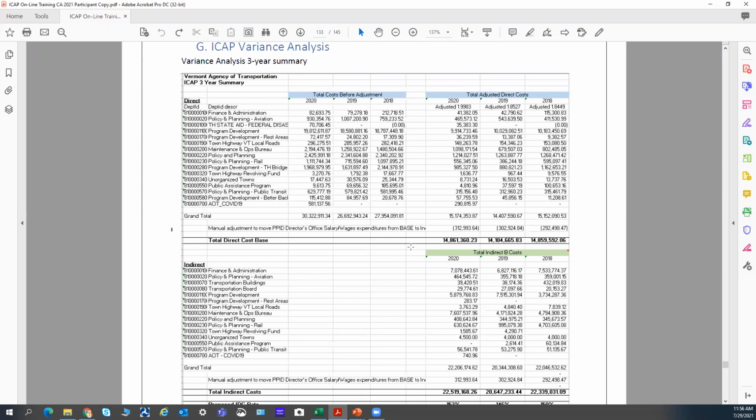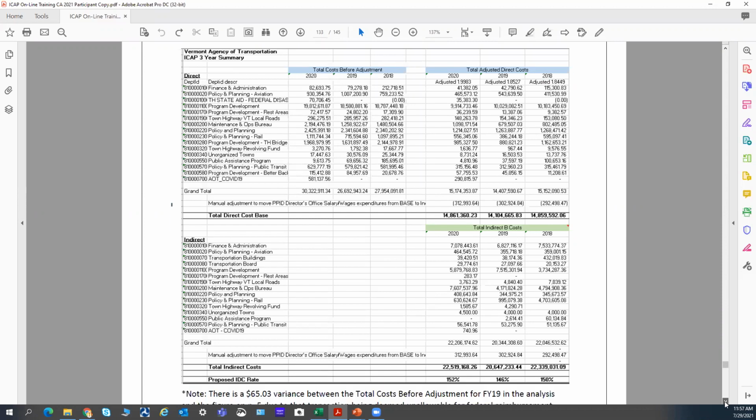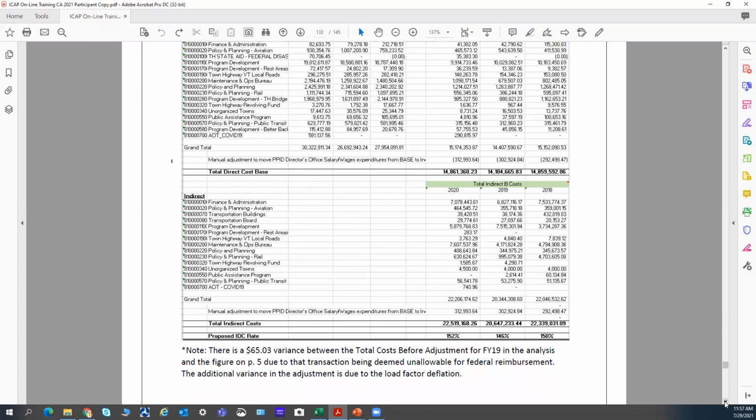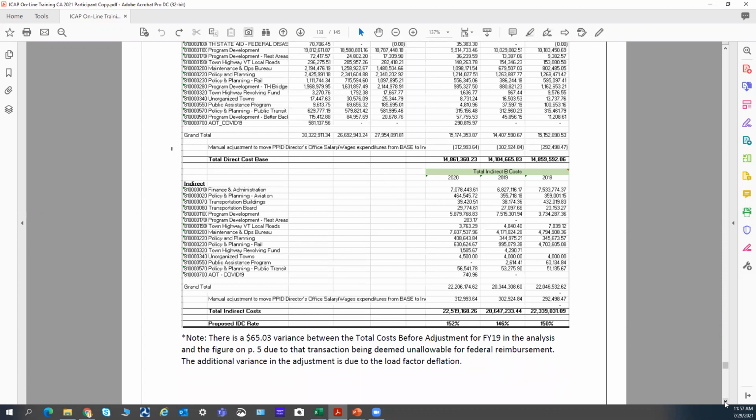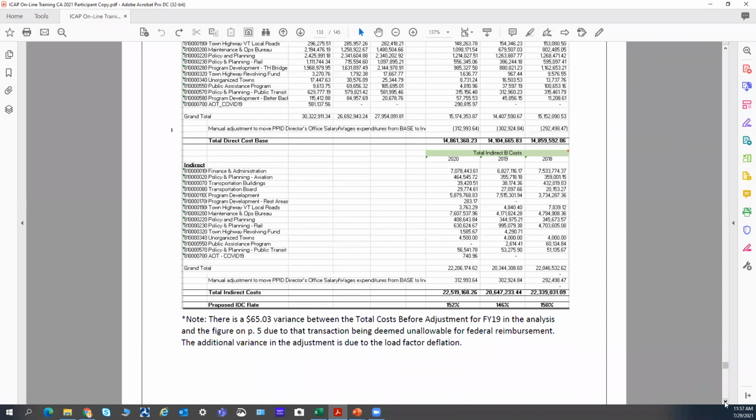It should be in their indirect cost pool. So they removed it from their direct salaries and wages because his wage supports the entire program. So they included it in the indirect cost pool and not in the base. So little tiny things like that you see reminds us and reminds them of, what the heck's going on here, and that they're conscious about what they're doing. So that was good.